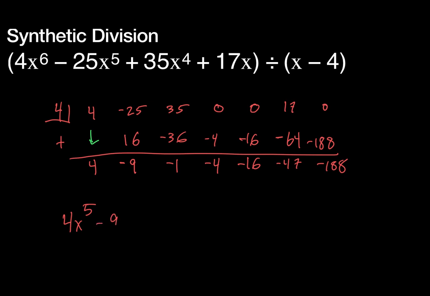So minus 9x to the 4th minus x cubed minus 4x squared minus 16x minus 47 minus 188 over x minus 4. That is whatever I was dividing into. I was dividing x minus 4 into it.